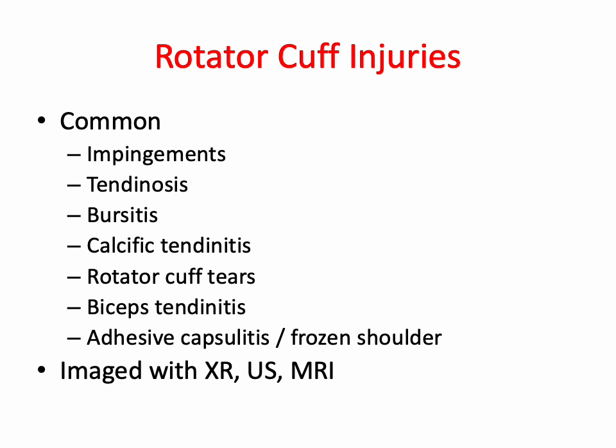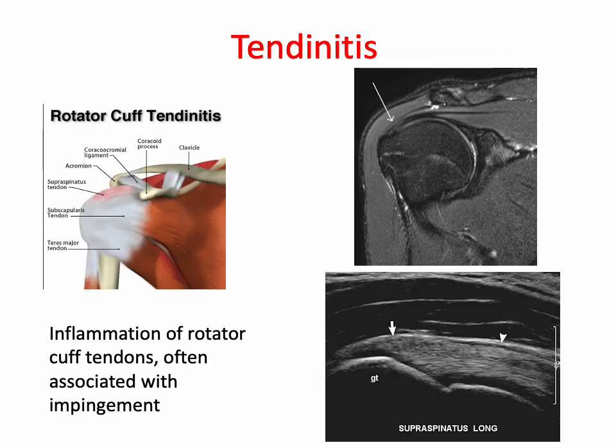Adhesive capsulitis, which is thickening and contraction of the shoulder joint capsule and synovium. There are a number of modalities that these are imaged on. Radiographs have their place. Ultrasound can be helpful in dynamic assessment, and MRI as well, with its great contrast resolution.